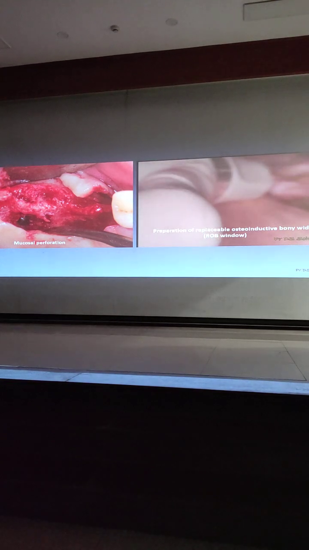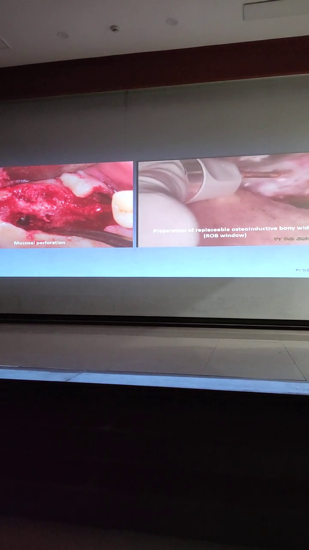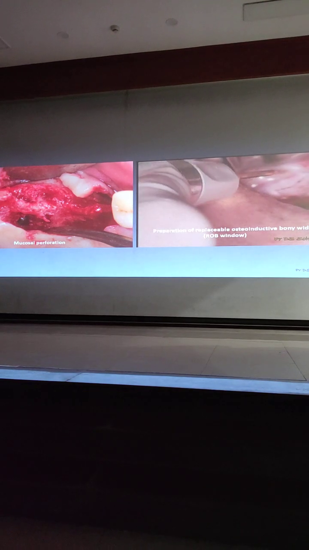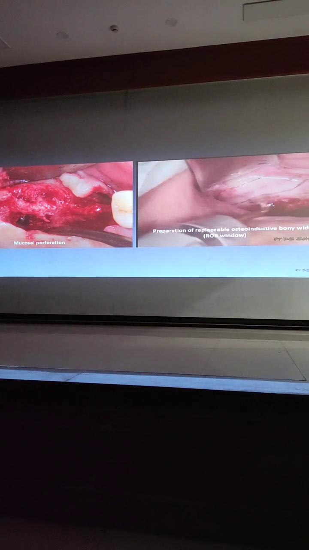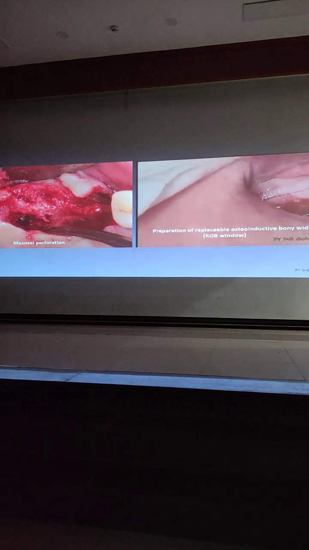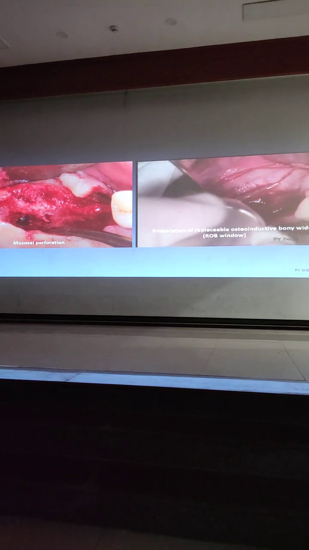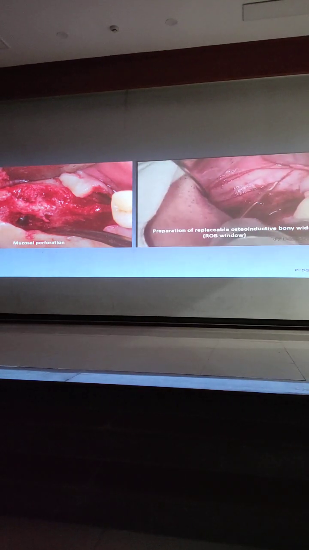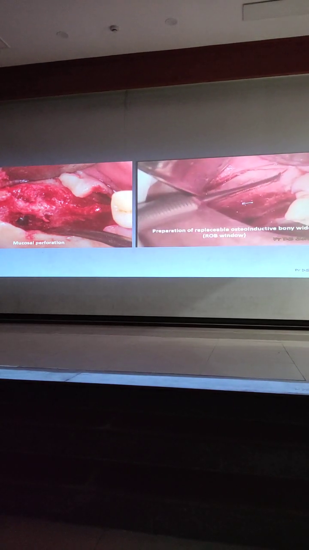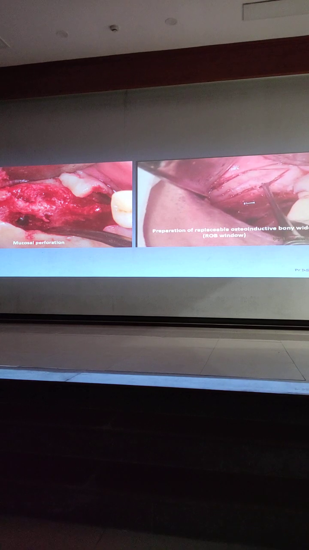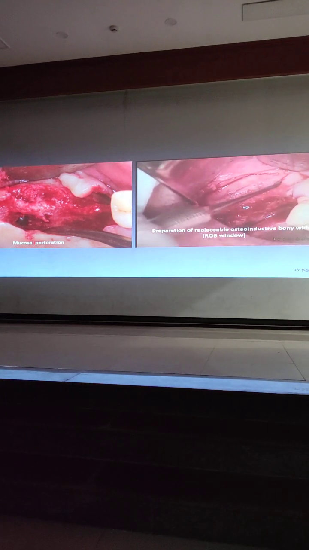You should be very, very cautious when you use a motor instrument when you make the lateral window during sinus augmentation. Once arterial bleeding happens, it takes time, almost 30 minutes, to control bleeding. So you need to prevent arterial bleeding during window preparation with piezosurgery.